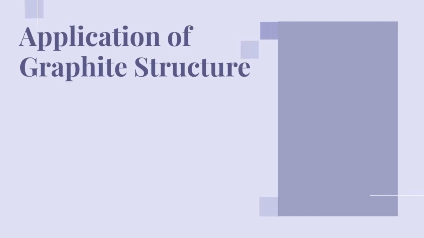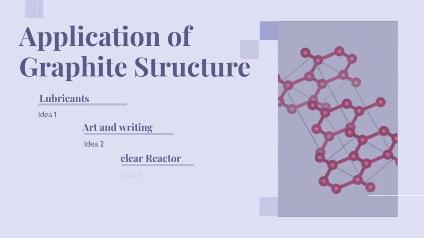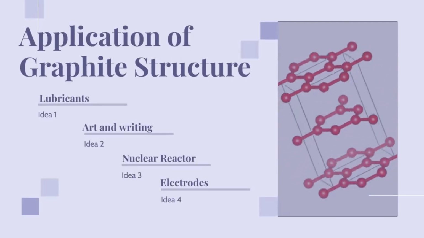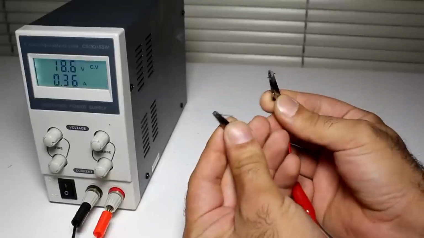This is the application of graphite structure. Firstly is the lubricant, second is art and writing, and third is nuclear reactor.